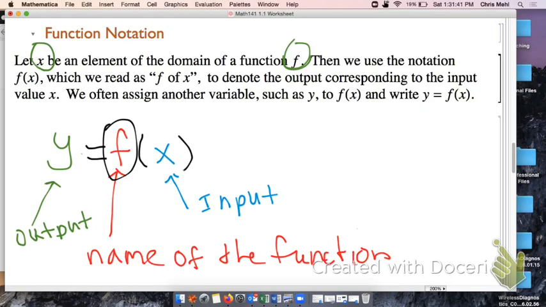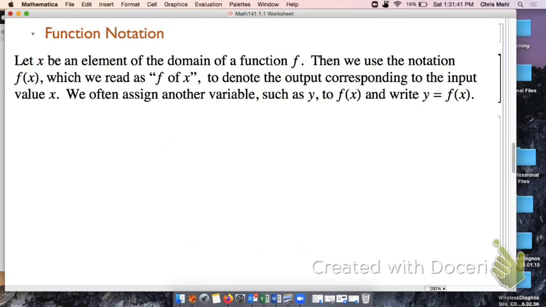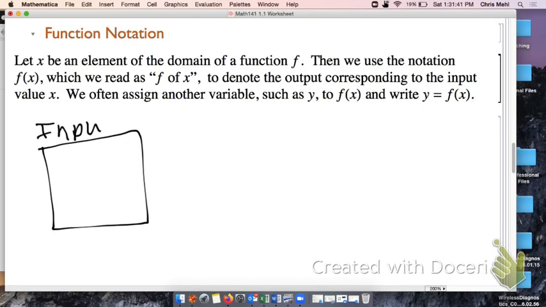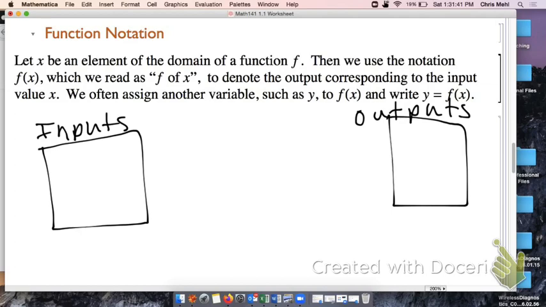And you can think of it like this. You can think of it as a picture. So over here I have the set of inputs. Over here on the right I'm going to have my set of outputs. So this could be just called the domain and the range if you like.